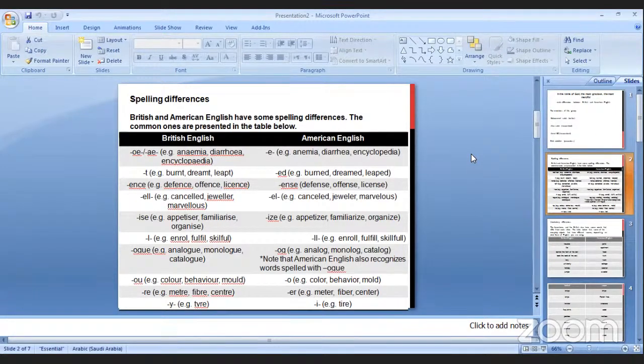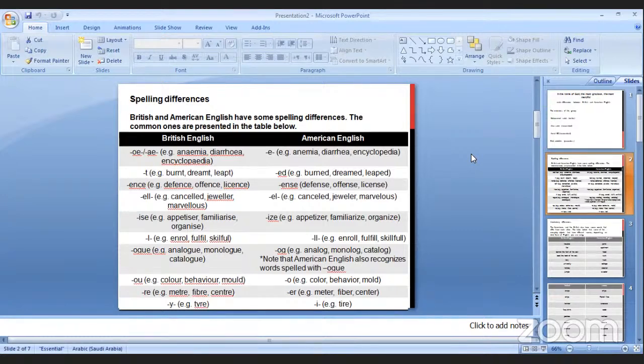British English: L double L, cancelled, jeweler, marvelous. American English: cancelled, jeweler, marvelous.